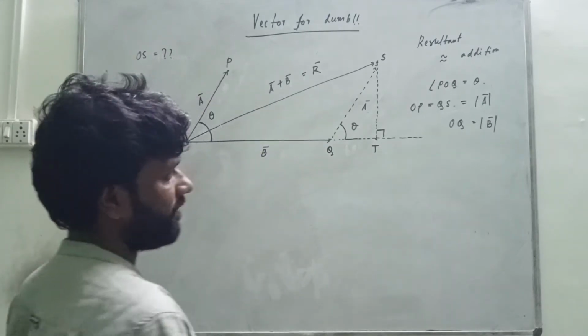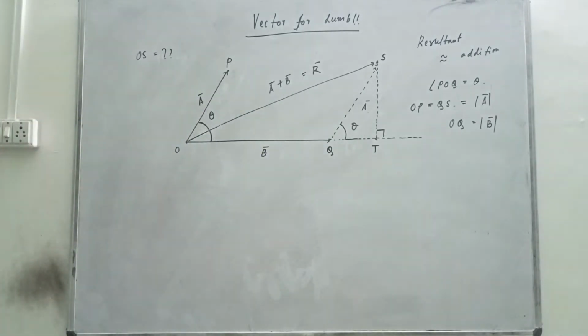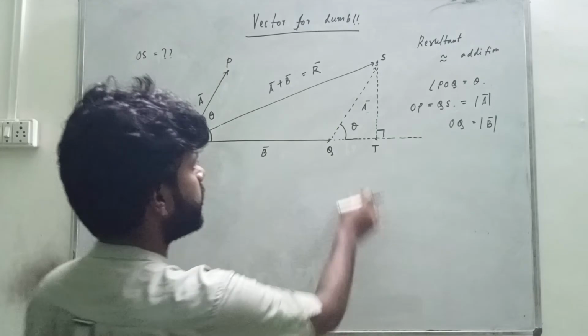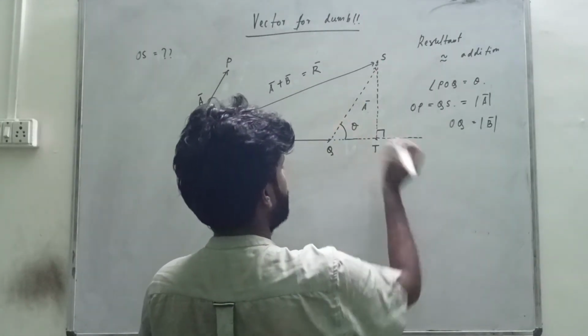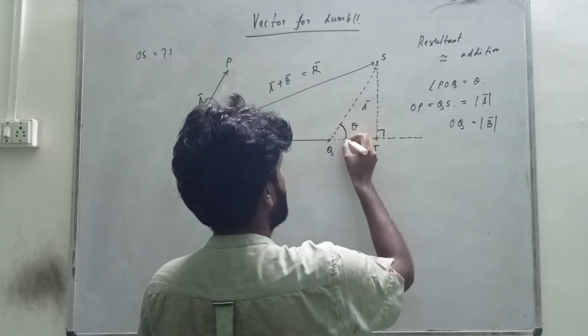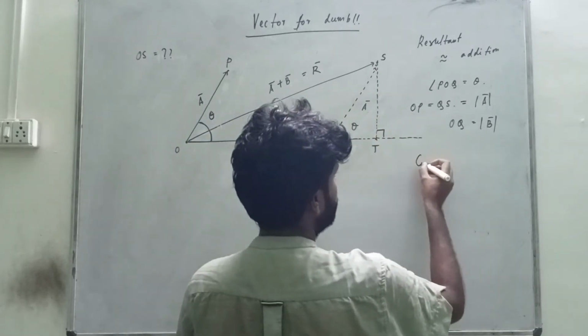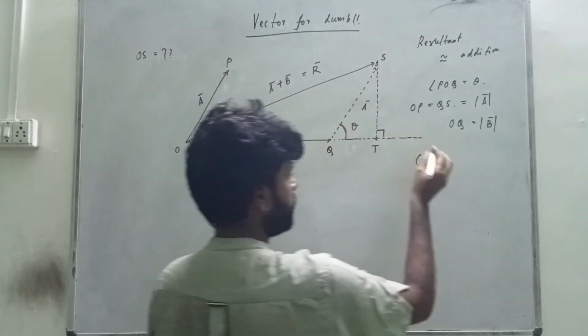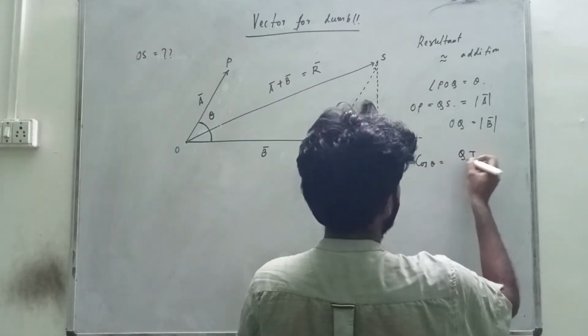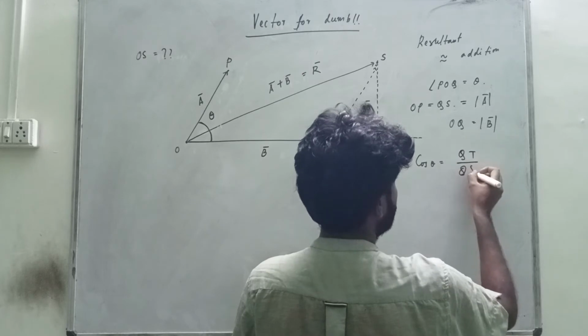Okay. So now just calculate the length of QT. QT is in a right angle triangle here. So obviously cos of this theta is base by hypotenuse, that means QT by QS.